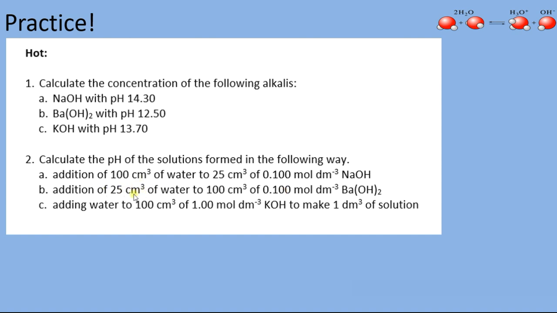Addition of 25 centimeter cube to 100 centimeter cube. So be careful with this, right? It's not made up to 100. So you're just taking 100 centimeter cube of 0.1 mole per dm cube of this. You're just adding another 25. So the final volume will be 125. So be careful in the wording of this and use that in your calculation. I suppose you can do this.